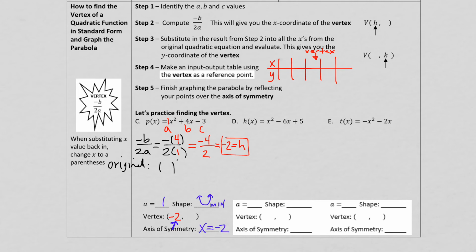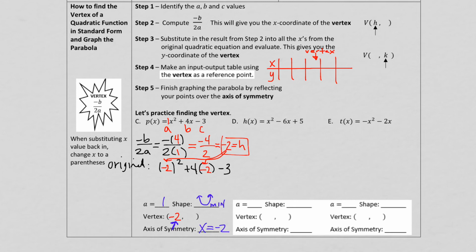X squared plus 4 and then skip the x for parentheses, and then minus 3. So I'm simply copying what's already there. And I'm going to input what I just found for h back into these 2 open parentheses. So I'm going to input a negative 2 into each of these parentheses.